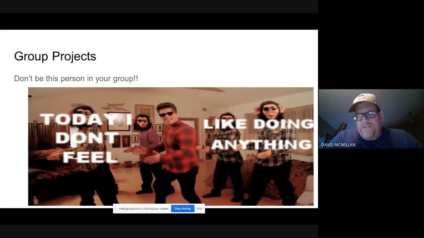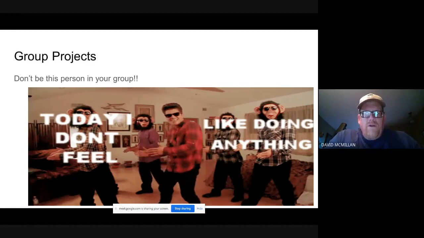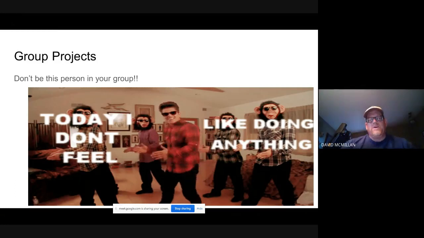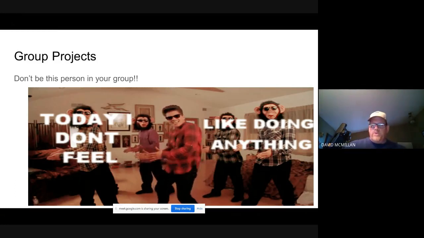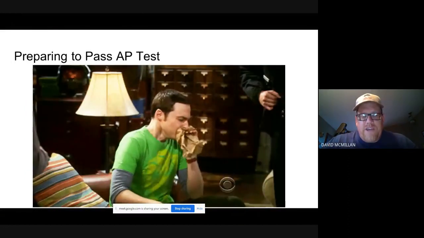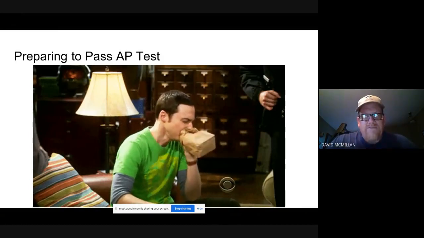We're going to be doing group projects, through Google Doc sharing and all that other stuff. We are going to be working together as much as possible because being isolated is no fun. We need to stay together combined as a group. We're also, don't forget, we are preparing for an AP test. So our focus will be, let's get a 5.